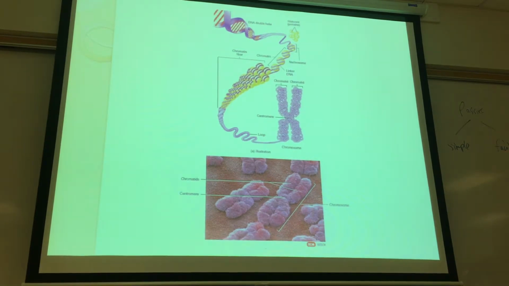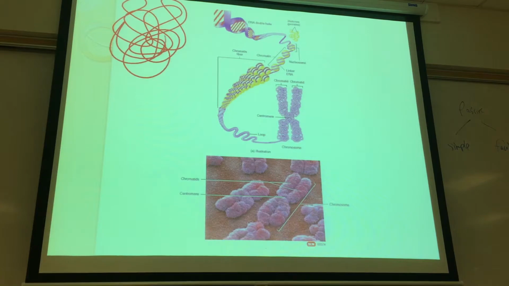So this you don't really have to wholly understand, but here you have your DNA, and if you take that jumbled mess of DNA and you start to prepare for cellular division, what happens with that DNA is it starts to wrap itself around these histones. These are proteins that allow that DNA to wrap around in this organized fashion.